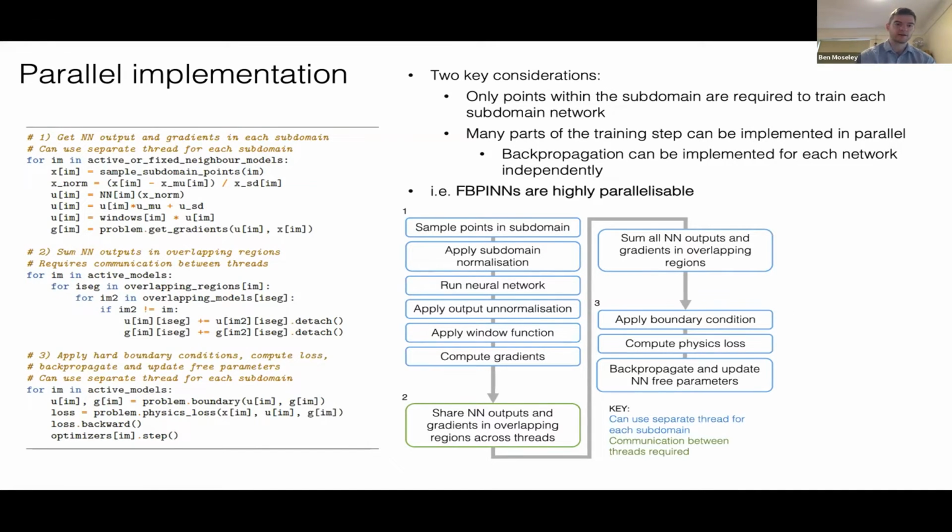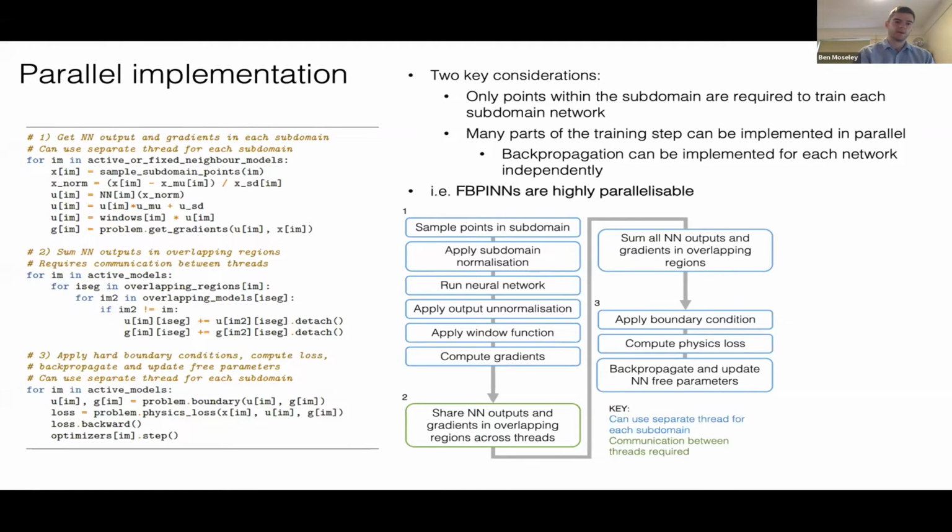So the training pseudocode for the training loop is on the left-hand side there, and you can see most of it, until the middle step 2, can be done in parallel. I haven't done it yet, but we can actually make this a fully, or embarrassingly, parallel implementation.